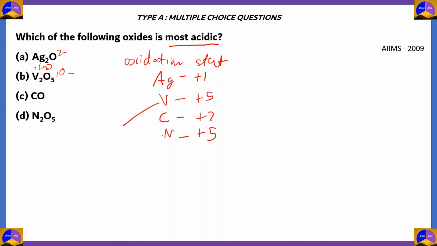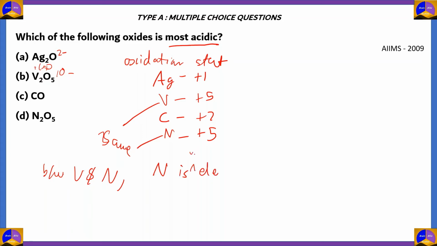Well, vanadium and nitrogen both have the same oxidation state. So therefore, both of these are more acidic than Ag2O and carbon monoxide. However, between vanadium and nitrogen, you will notice that in the periodic table, nitrogen is in a position where there is more electronegativity.